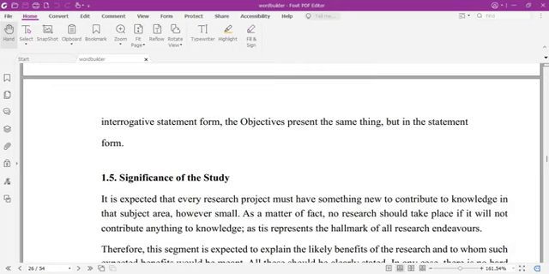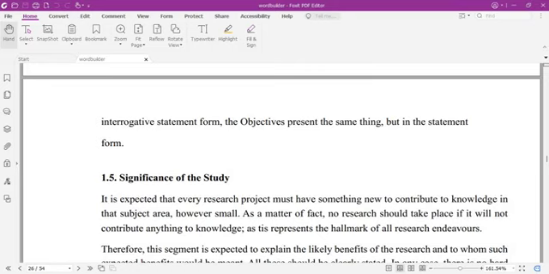That makes your research good enough. It is expected that every research project must have something new to contribute to knowledge in that subject area, however small, no matter how small.